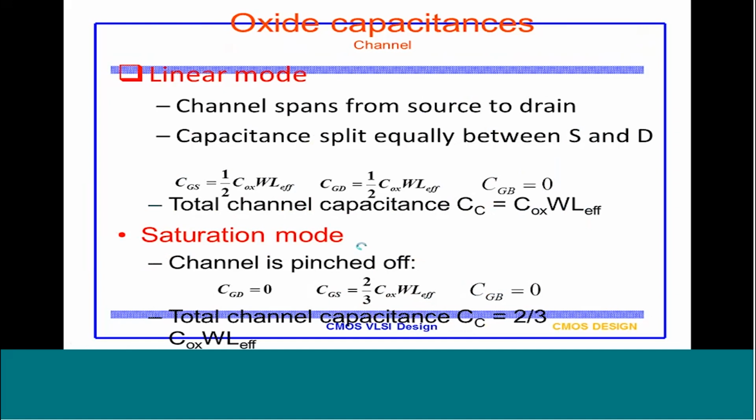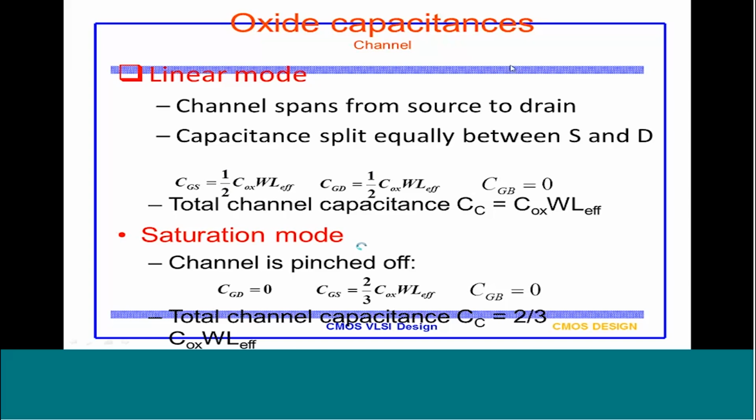So we saw that in linear mode, let's see the typical value: how does the value of these gate capacitances compare in linear and saturation mode. Now in linear mode, if you go back and remember, the channel spans the complete length from source to drain. So we say that the capacitance is equally split between source and drain.